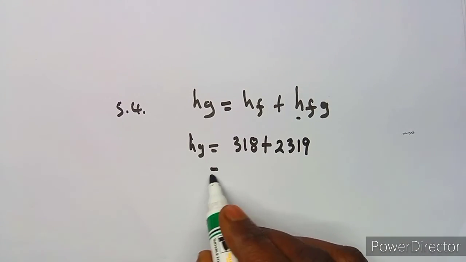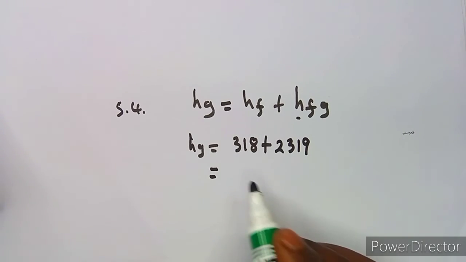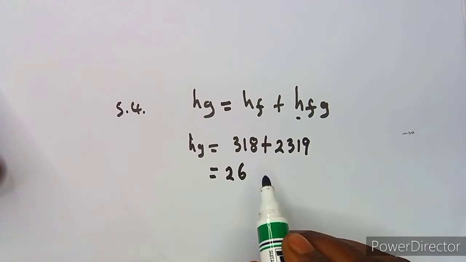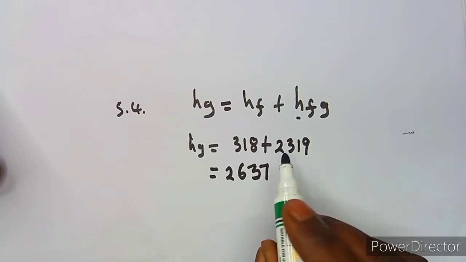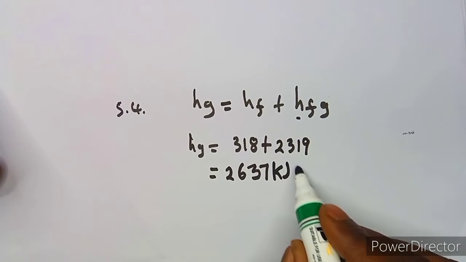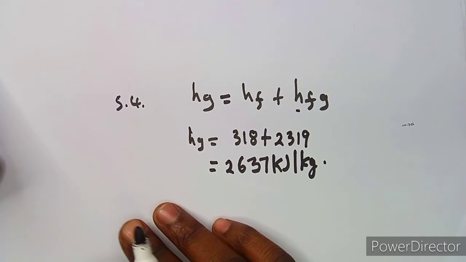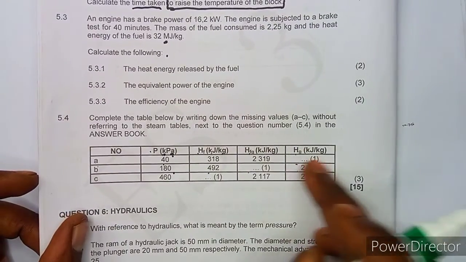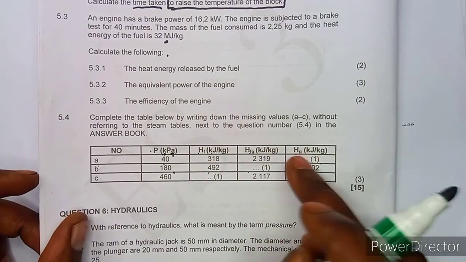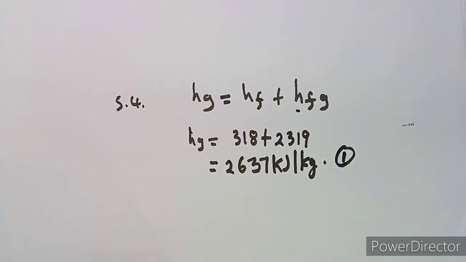If you add properly, you are going to obtain 2637 kilojoules per kg. Remember, these are in kilojoules per kg. Okay, so that is the first part on A. The question was for you to fill in, so you're supposed to fill in on your answer book. So you fill in on item 1.